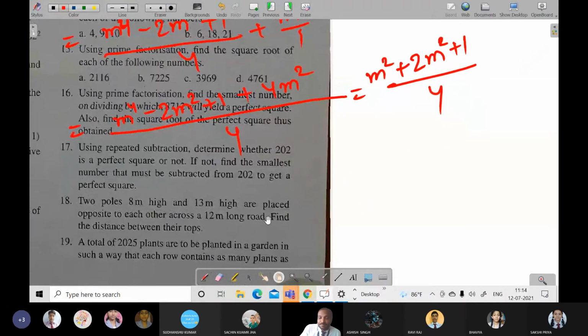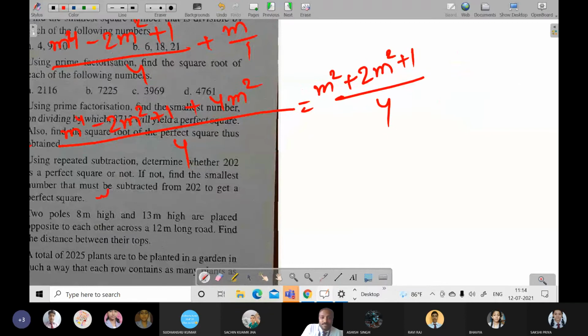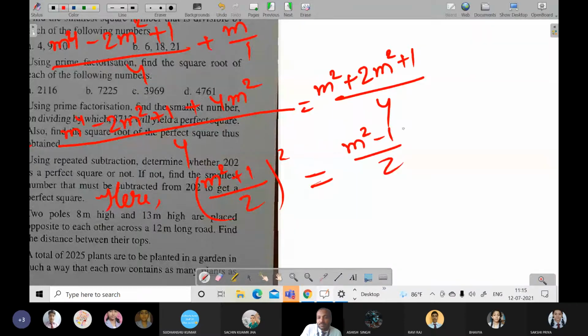So you can write, hence, (m square plus 1 by 2) whole square is equal to (m square minus 1 by 2) whole square plus m square. Hence proved, or verified, you can also write.